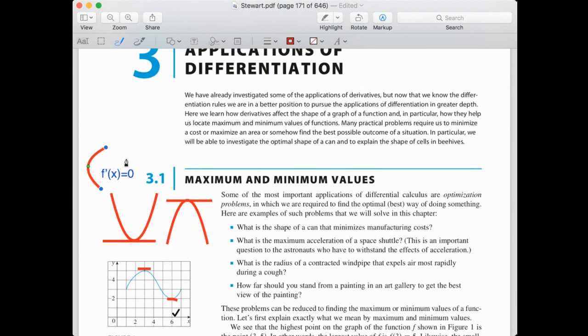That gives us either a maximum or a minimum. By itself it won't tell us which one, but this tool finds those points because the slope of the tangent line is 0.